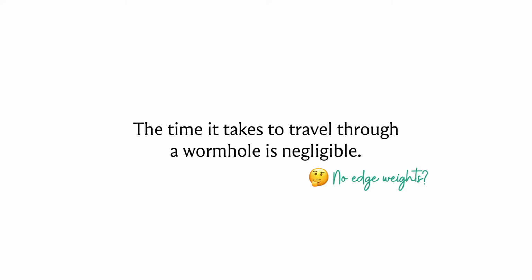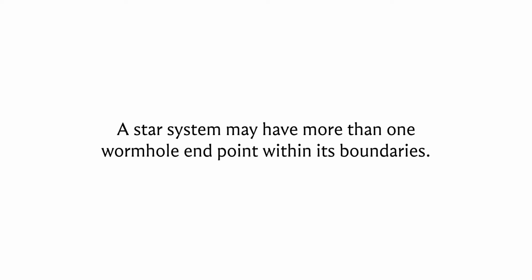Now, we are told that a star system may have more than one wormhole endpoint within its boundaries. This just means that our vertices may have in-out degrees that are possibly greater than 1. That's what it would mean for a single star system to accommodate more than one wormhole endpoint. So this is perfectly fine.